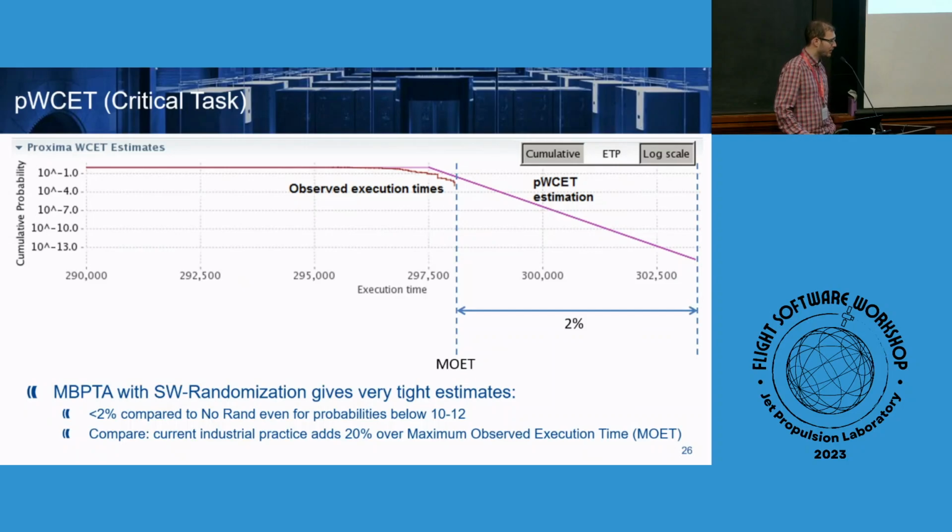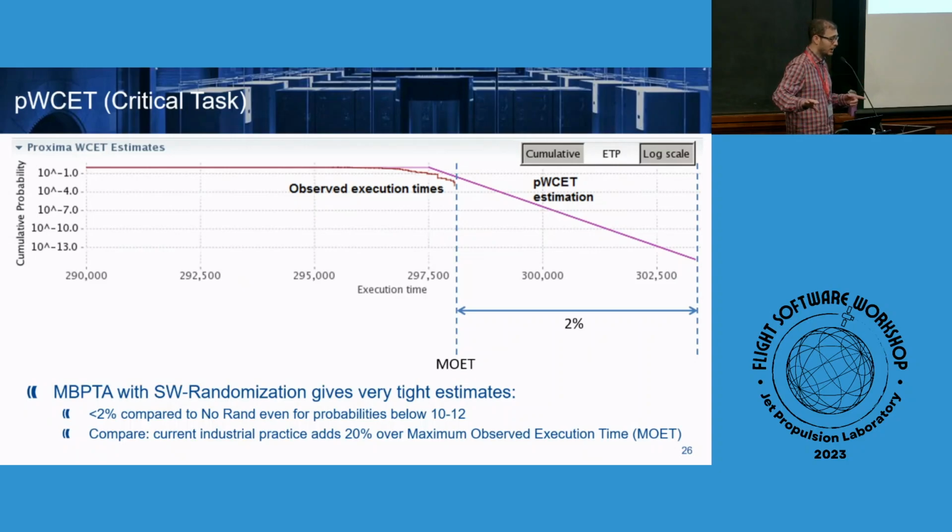Just to give you a perspective, on Monday, Marek mentioned that there are some engineering margins that are applied in order to compute this worst case execution time. I don't know exactly what is the value used in JPL, but I can tell you from the avionics domain, at least in civil avionics in Airbus, usually they use PowerPC 750.